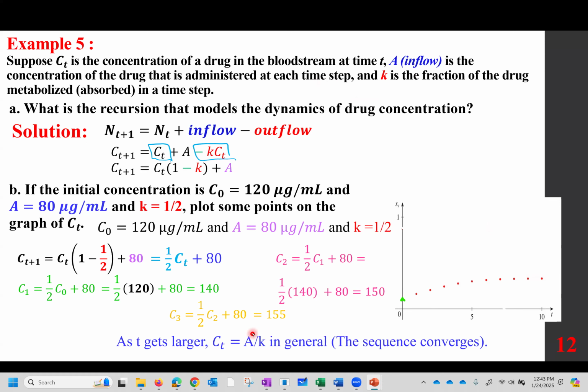It's A over K. In this case, A is 80, K is 1/2. 80 divided by 1/2 is 160 micrograms, which means if you follow the time step and you keep on giving the same amount, meaning 80 micrograms at the given time step to the patient, it will never ever go beyond 160 micrograms, which is safe.